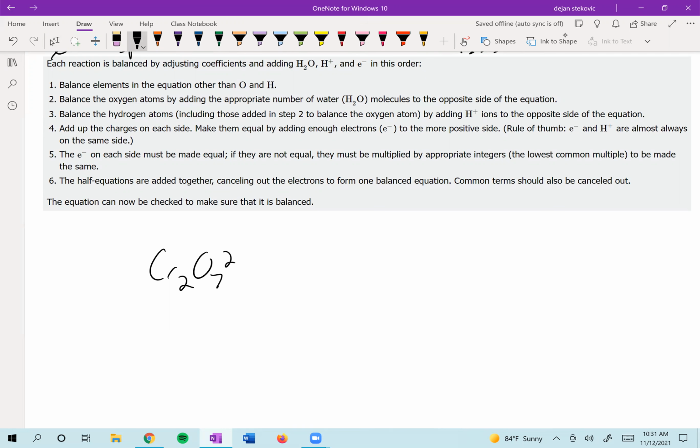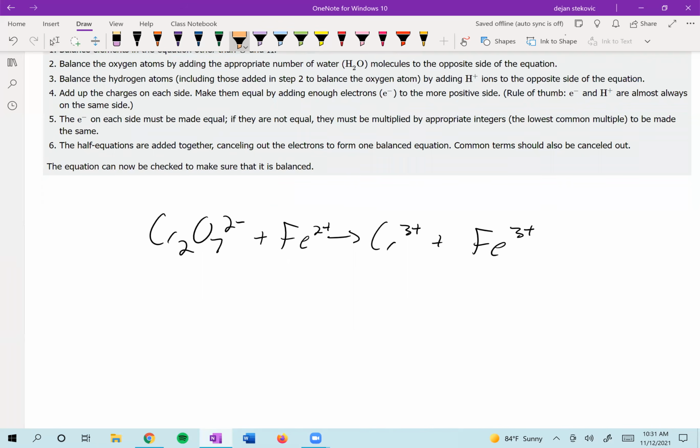Let's take a look at this one. This is dichromate reacting with iron 2 plus to form chromium 3 plus and iron 3 plus. And when you're first looking at this reaction and trying to balance it, one of the things you may notice is that we have oxygens on this side, but no oxygens on the other side.